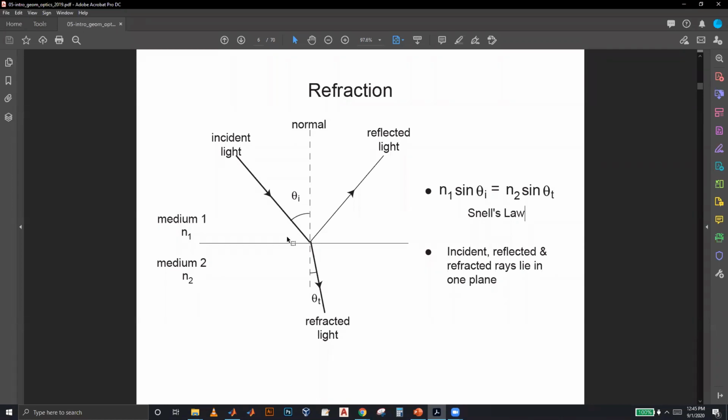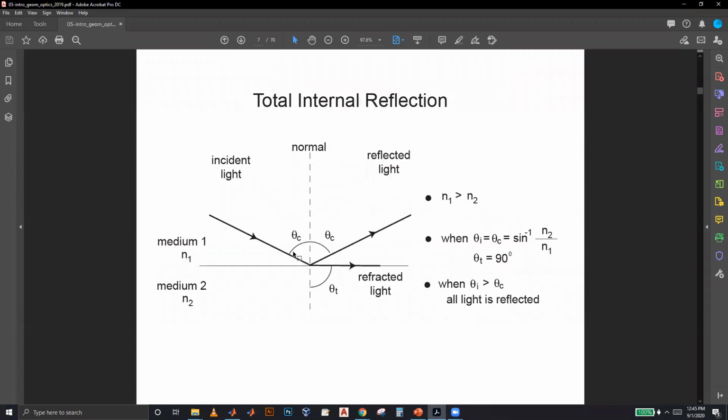If you keep increasing theta I more and more, at one point theta T will go along the edge of the interface, which is the critical angle. For any incident angle greater than the critical angle, no light will be able to enter the second medium. All of the light will be reflected back.